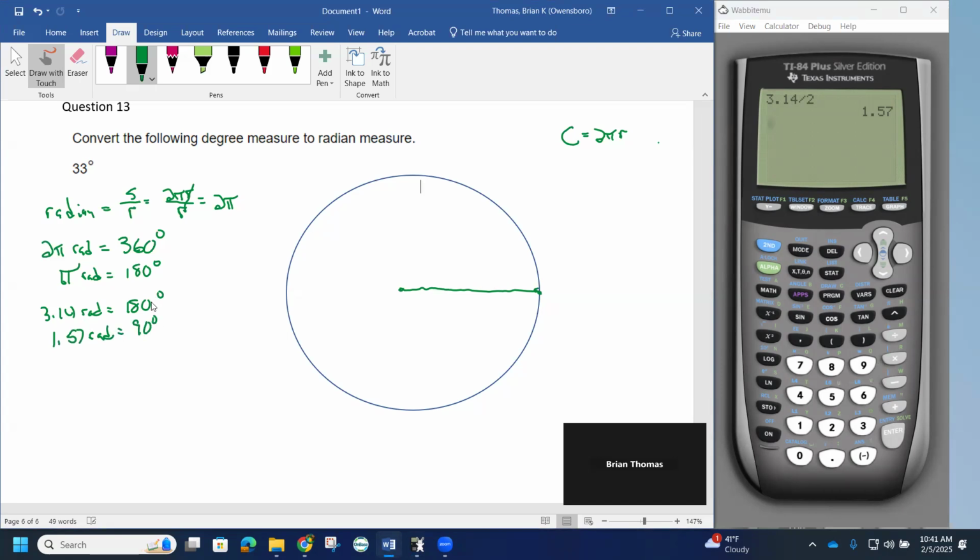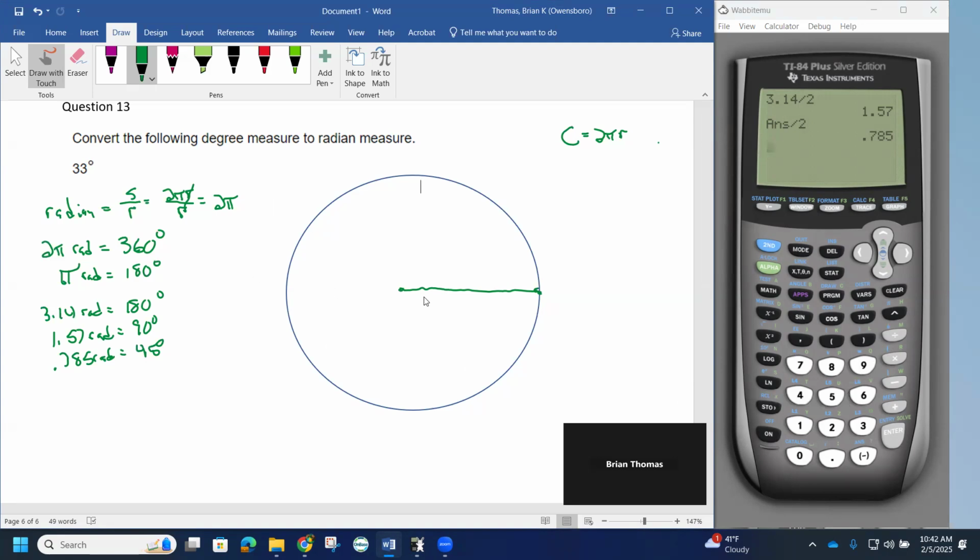So we have some things here we can use as a guideline. If I do half of 90, if I divide that by 2, 0.785 radians is about 45 degrees.